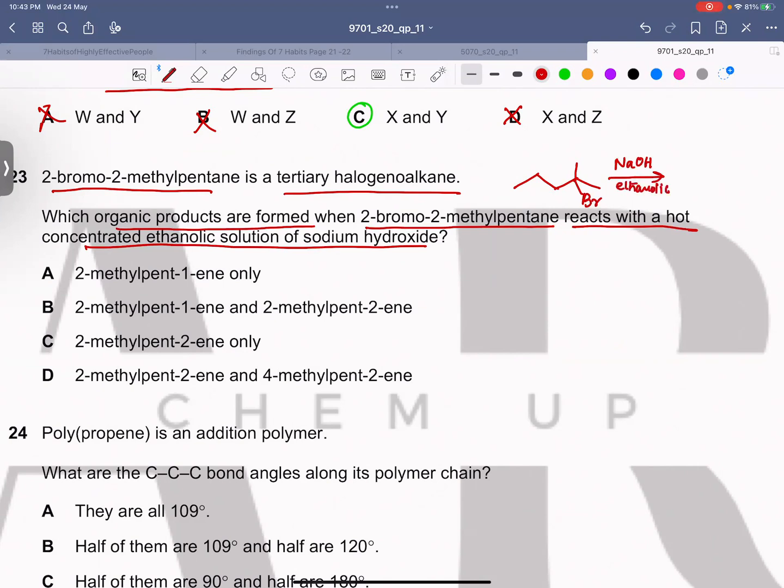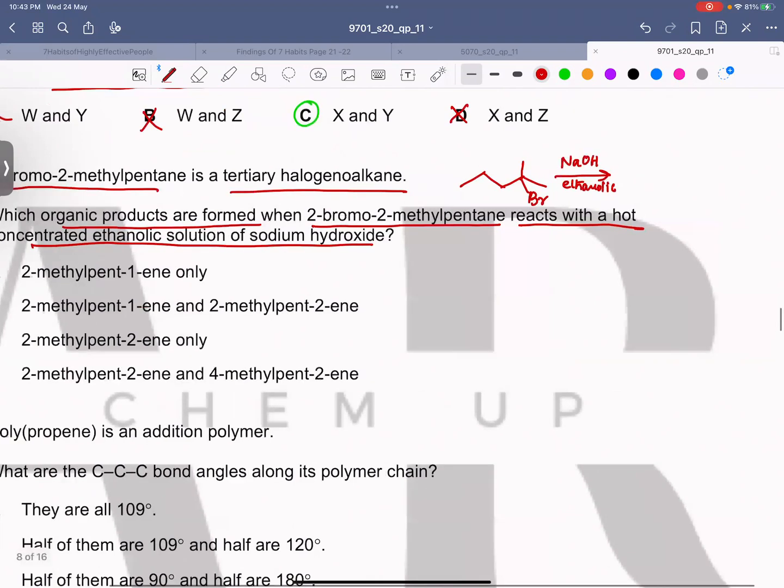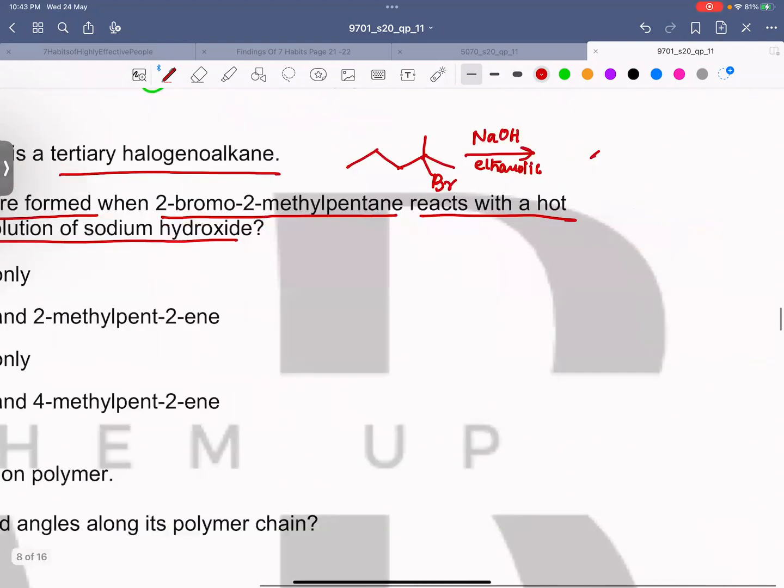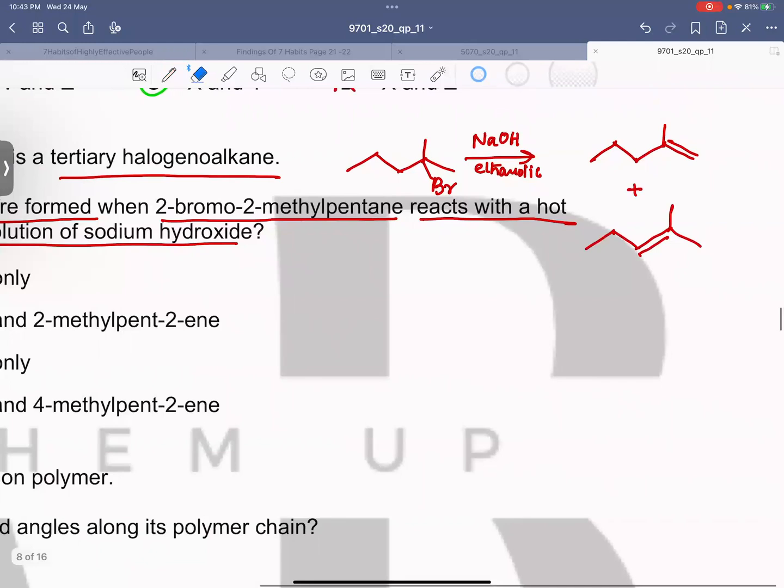And if elimination occurs, there is alkene formation. So there is one possibility that the alkene would form here, and the other possibility that the alkene would form here. This would not show cis-trans isomerism, but this would show cis-trans isomerism. So we are getting these 2 products.